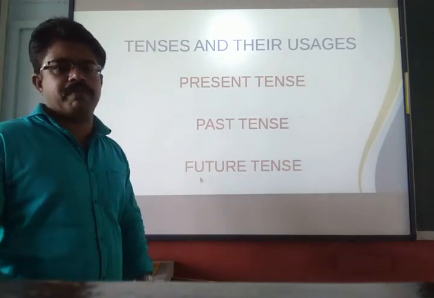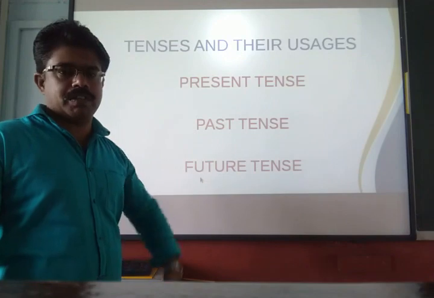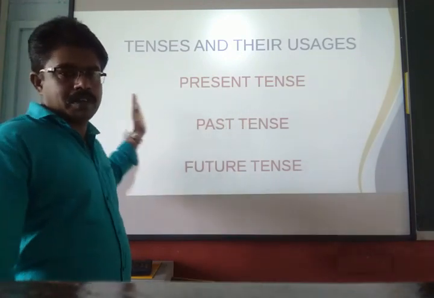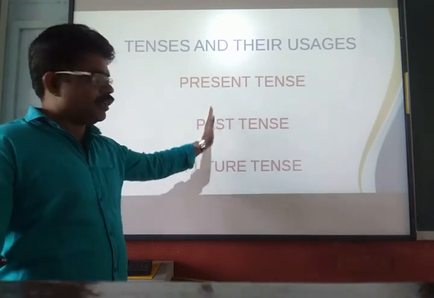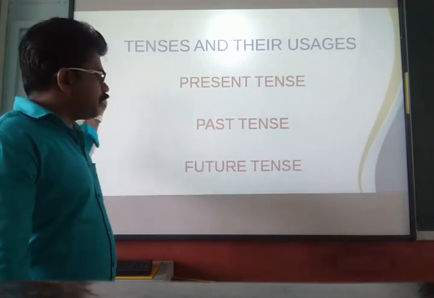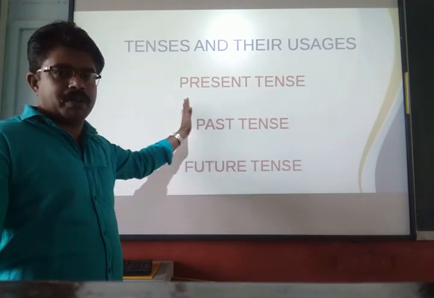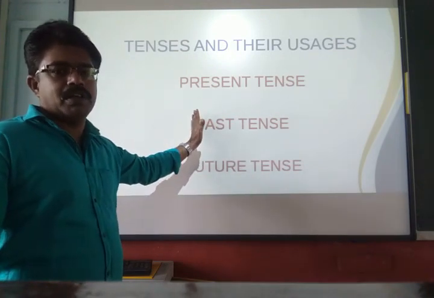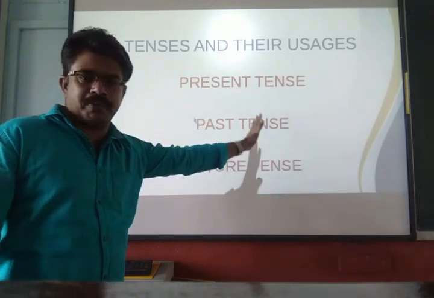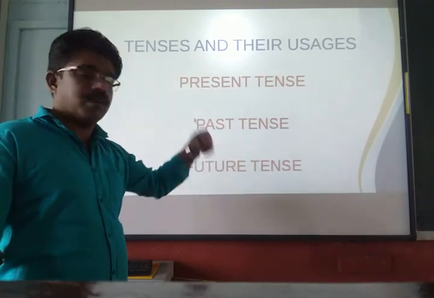Present tense is where we are at present, the present moment. If we draw a line, past will come here, present, and future yet to come. Imagine you are traveling. You traveled and have come here, this becomes the present. And what more you have to cover is your future.